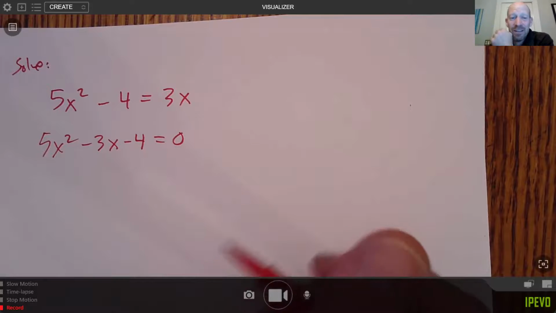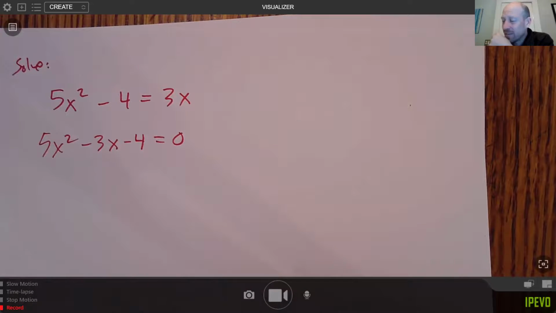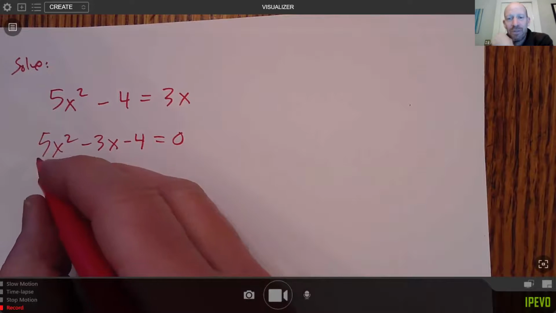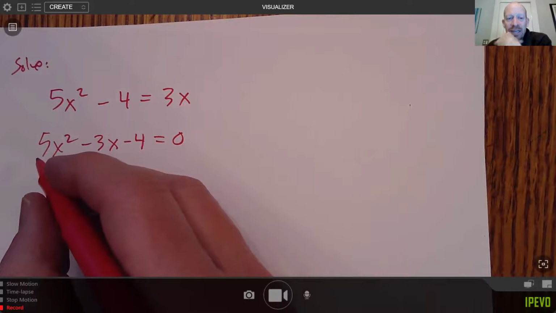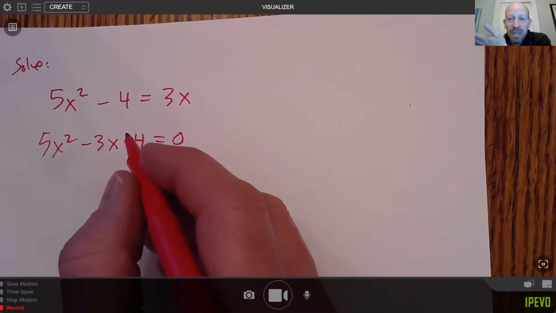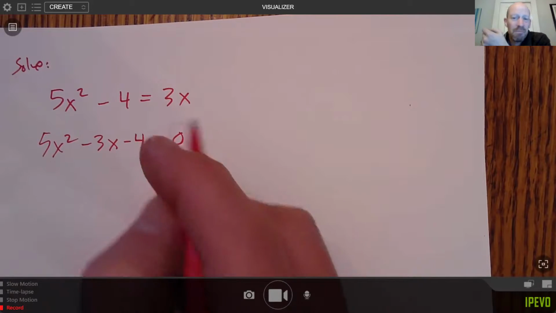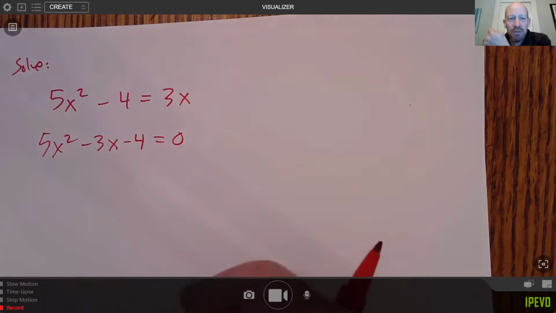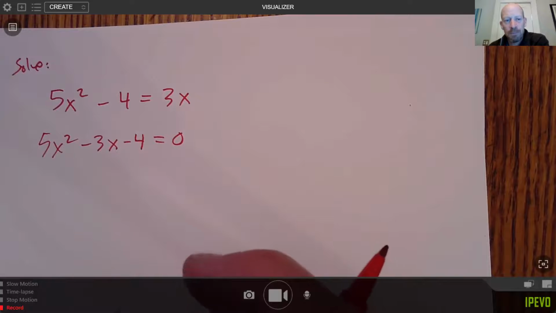Maybe this is kind of a harder type of factoring with the 5 in front. Just glancing at it, I don't see immediately how it might factor. So for me, I'm going to say, I don't know. It may or may not factor, but I'm not going to spend any time factoring it because I don't see it immediately. So I'm going to fall right to the quadratic formula at that point.